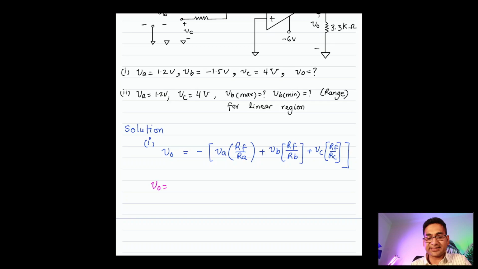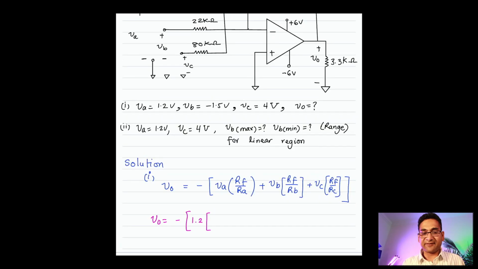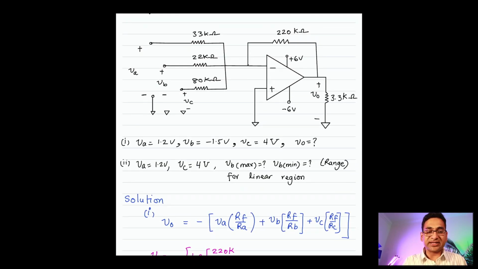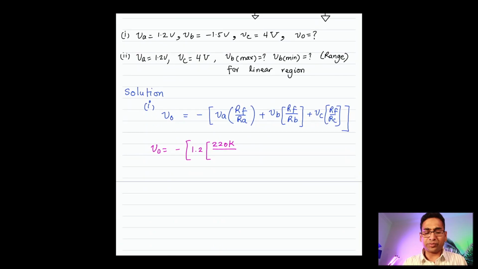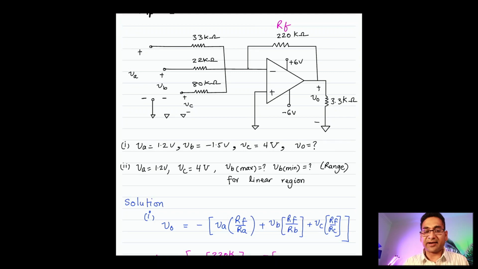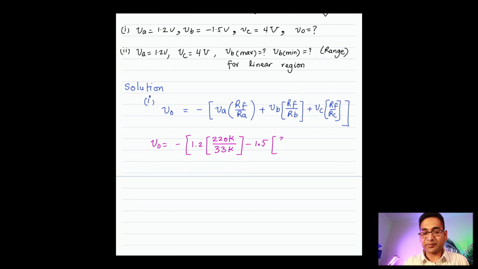VO is negative, VA is given to be 1.2 volts times RF, which is 220K, divided by RA, which is 33 kilo ohms, plus VB, which is given to be negative 1.5 volts, times RF, which is again 220 kilo, divided by RB.